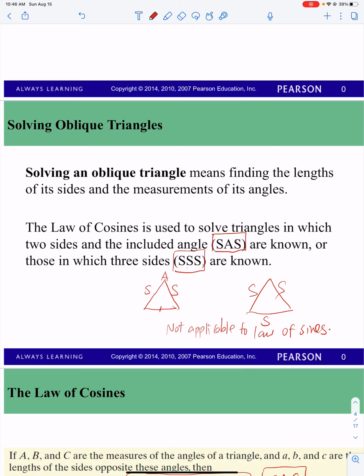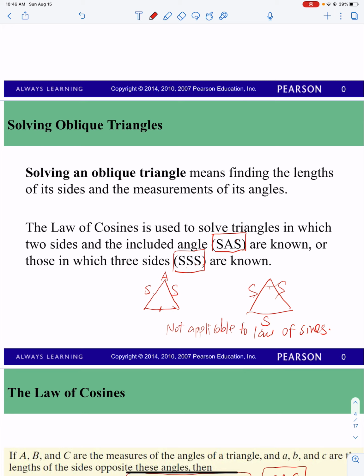You will use the law of sines to find the other angle, and then use 180 minus the two angles to find the third one. For SSS, you use the law of cosines to find the angle opposite the longest side.